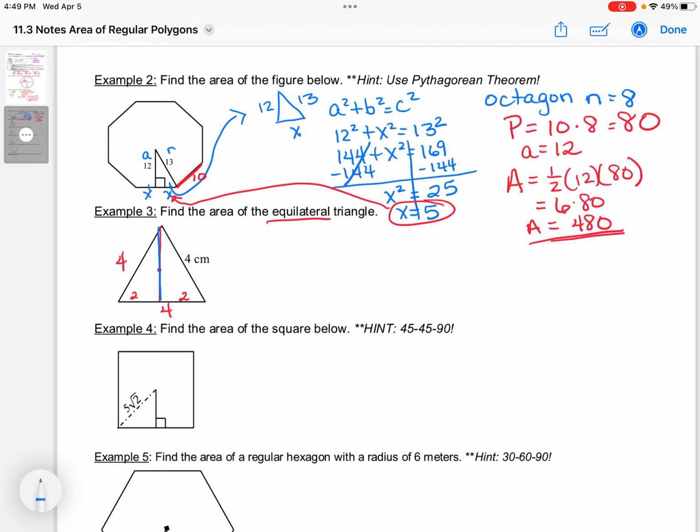So, Pythagorean theorem, or our special triangle, because remember this is 60 and this is 30. So we could use a 30, 60, 90.